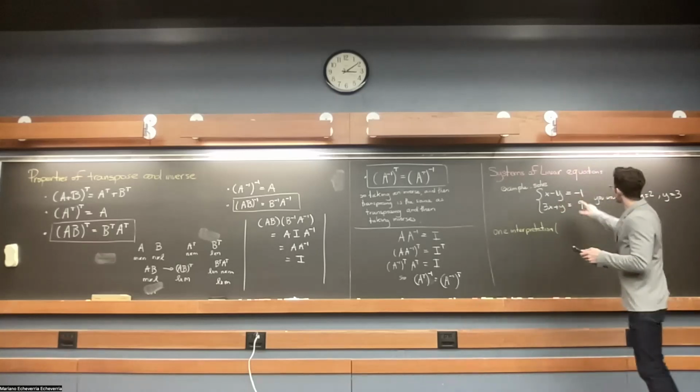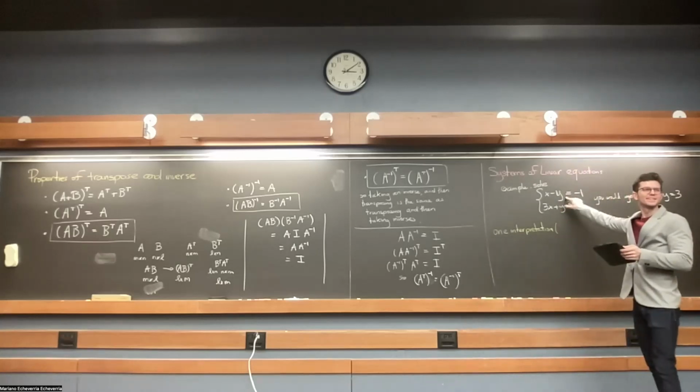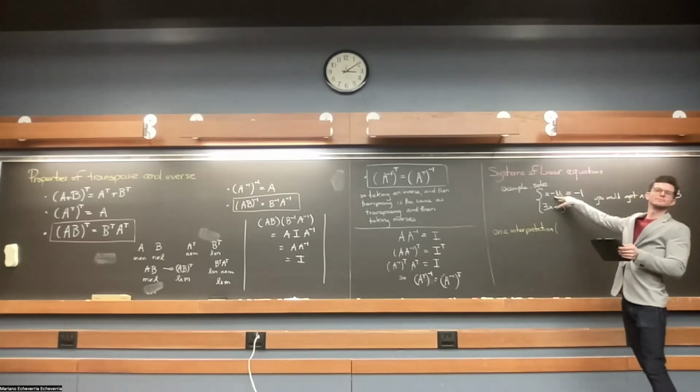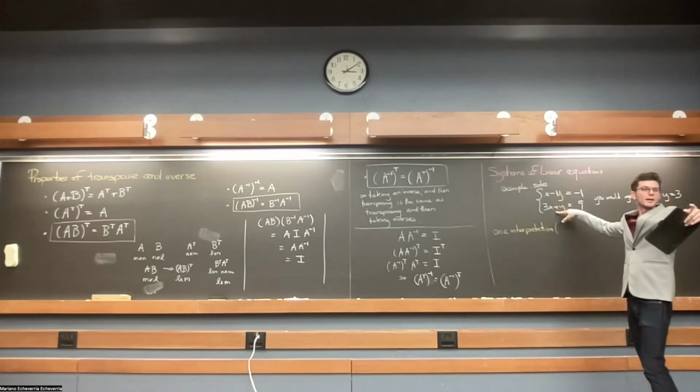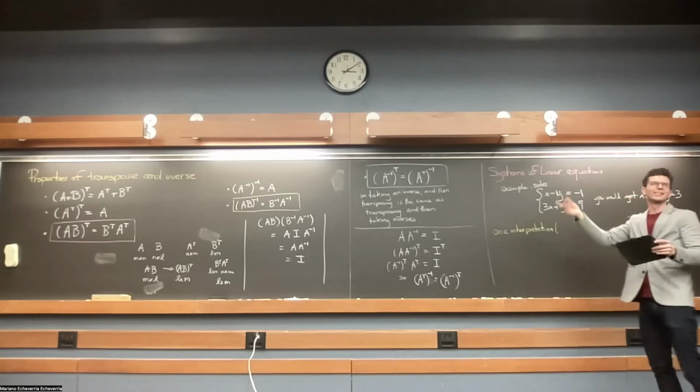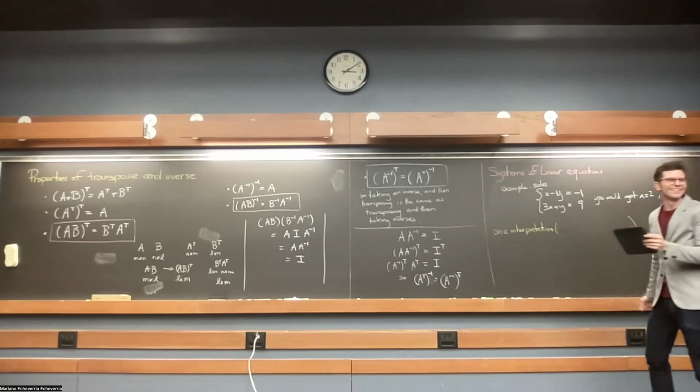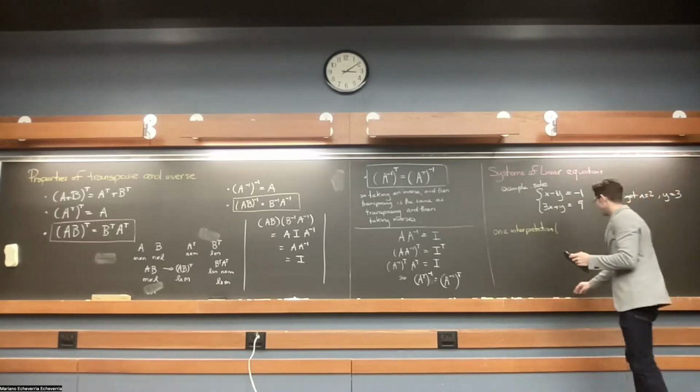So, what does this equation represent on the XY plane? Same for this one, right? So the line interpretation, that's what I wanted to write. But if I say that, it ruins everything.